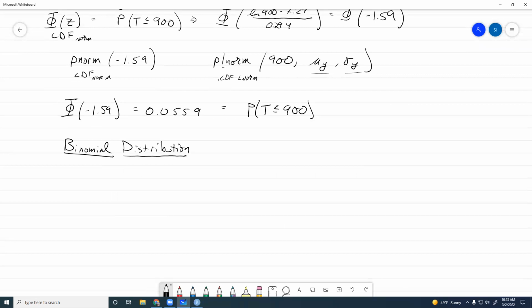Let's just write in our probability that 2 out of 5 fail. And can I write this as a PDF or a CDF? Just take a minute to think about that.